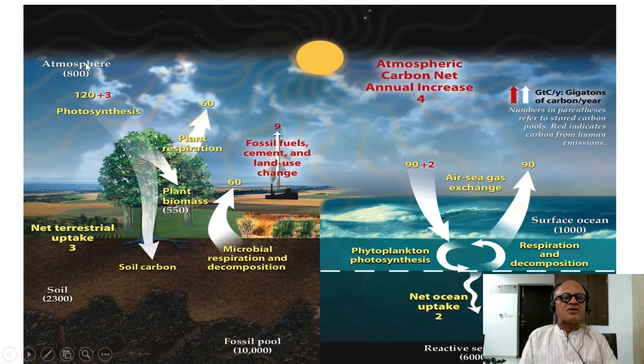So atmosphere at the time this was drawn was at 800, but now it's at 840 or so, I think. And we not only look at reservoirs, which we already did, like here in gigatons carbon, flux would be gigaton carbon per year, and the reservoir is the size estimated in gigatons.